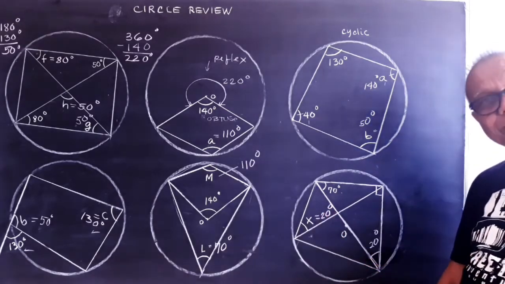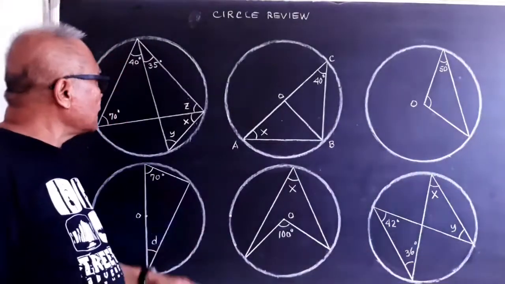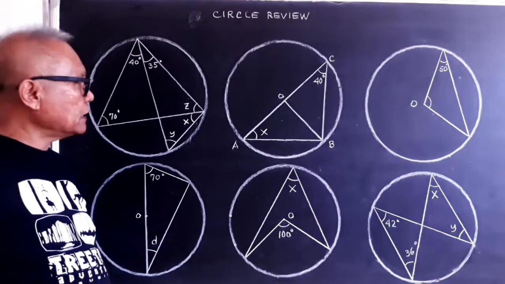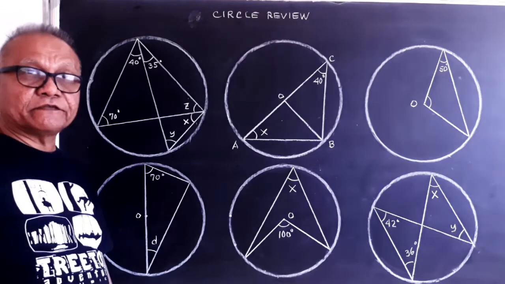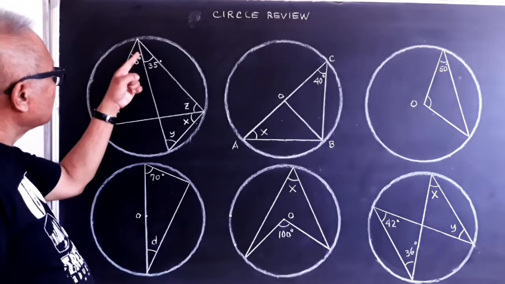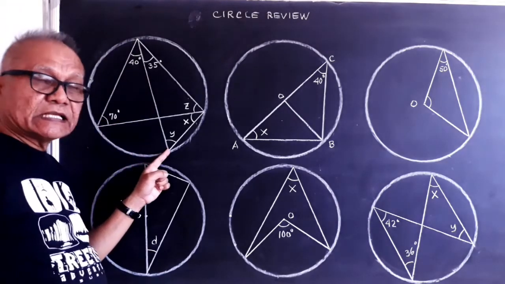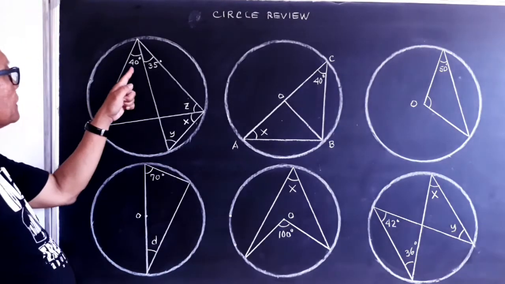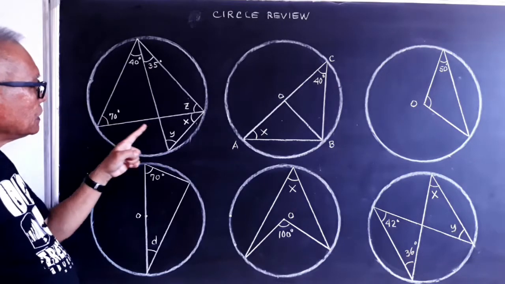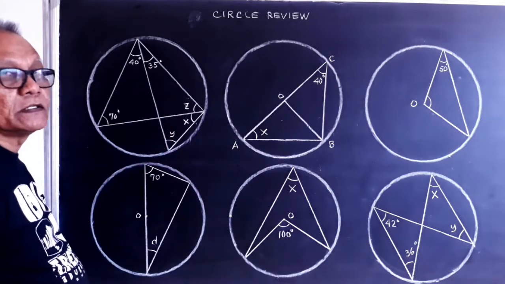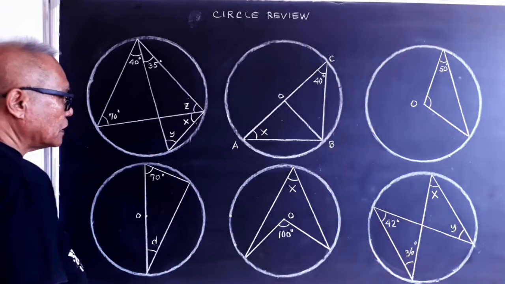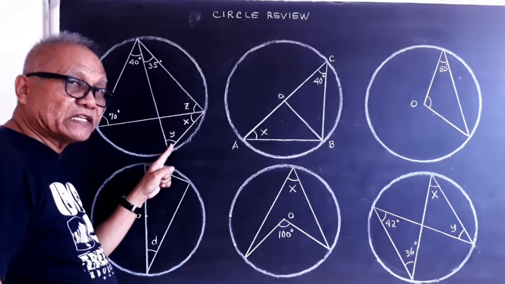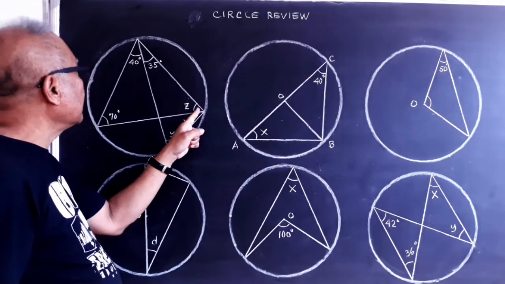Okay, let's have this figure plus. And let's locate the center of our circle. It's not even, therefore this line here is not the diameter. Okay, 40, 35, 70, X, Y, Z. Now let us use our tracing fingers, because you can see we have subtended angles here, here, and there also.